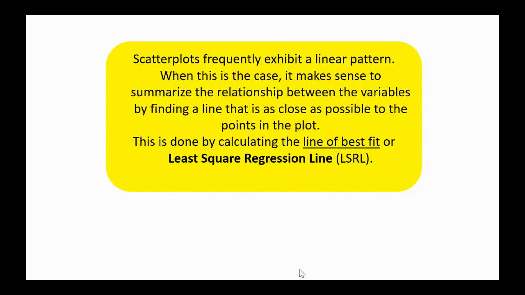So scatter plots frequently will exhibit a linear pattern. So when this is the case, it makes sense to try to find a line that describes that relationship, and that's close to as many points as possible. So this line is called the line of best fit, or as we're going to call it today, the least squares regression line.